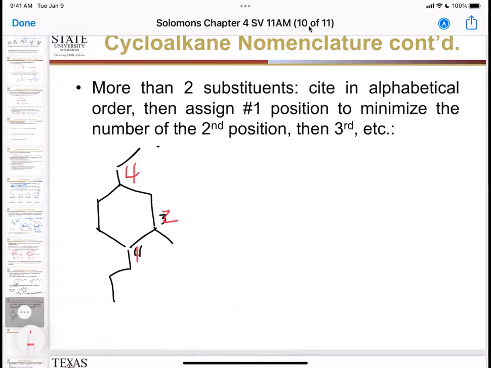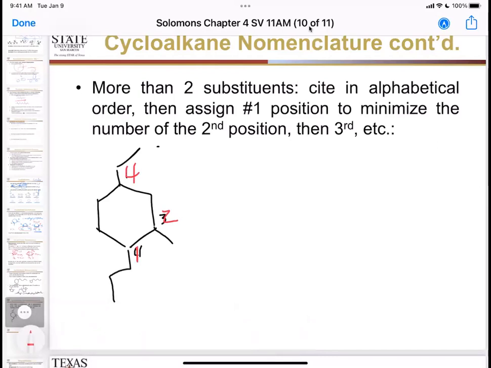Why? Because we're doing the numbering first. When we have more than 2 substituents, you do numbering first. And you have 1, 2, 4 versus 1, 3, 4. But it says cite in alphabetical order, find them, and then number.